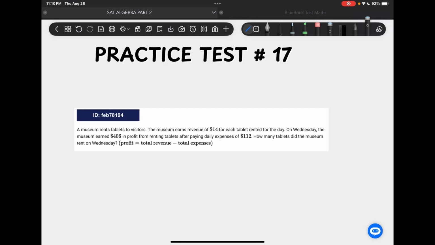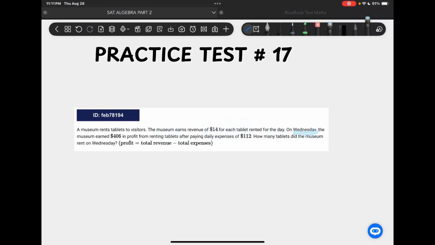Okay, now, question number 17. A museum rents tables to visitors. The museum earns revenue of $14 for each table rented for the day. So there's this particular museum that rents tables each day, and for each table they charge $14.